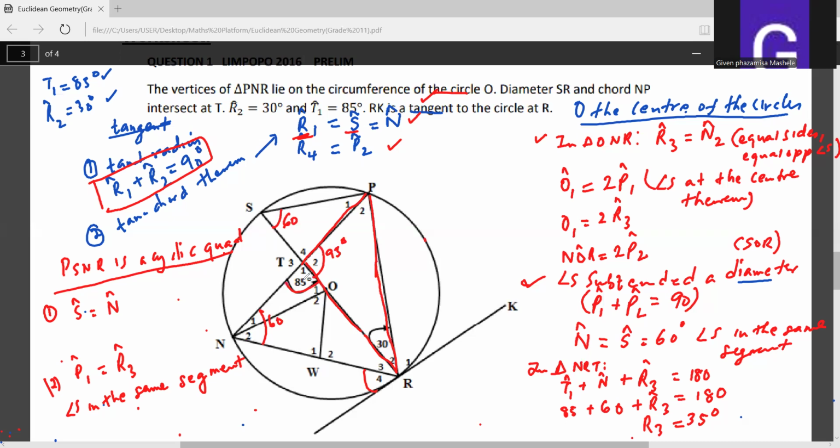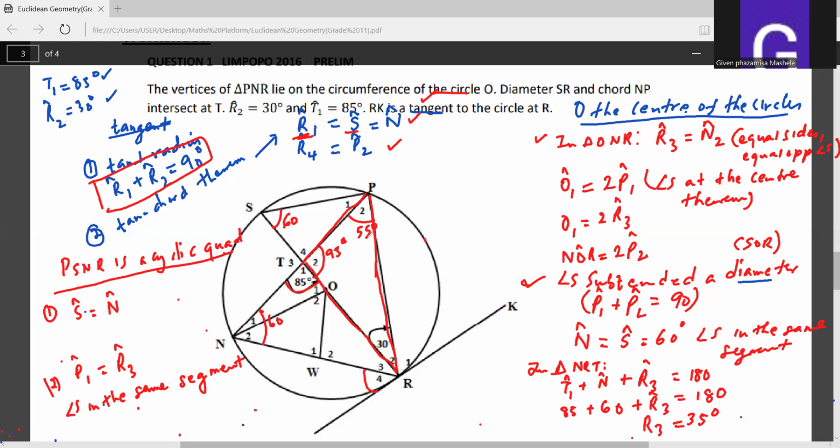If you don't want to use the exterior angle of a triangle, then since T2 is 95, if we take angle T2 with angle P2 with angle R2, this must add up to 180. So what does it mean? It means 180 minus 95 minus 30. Then P2 will be 55 degrees.